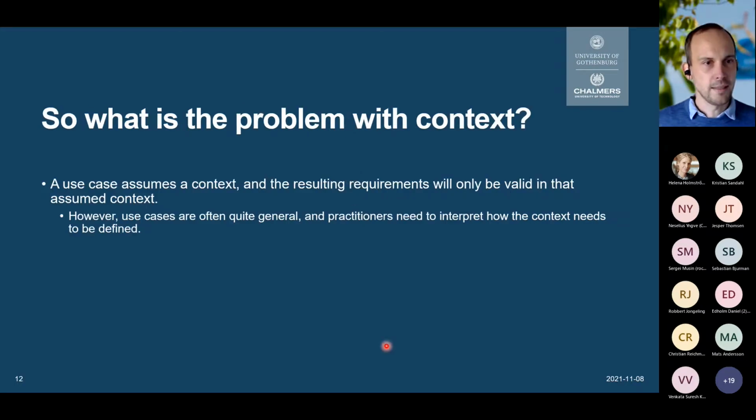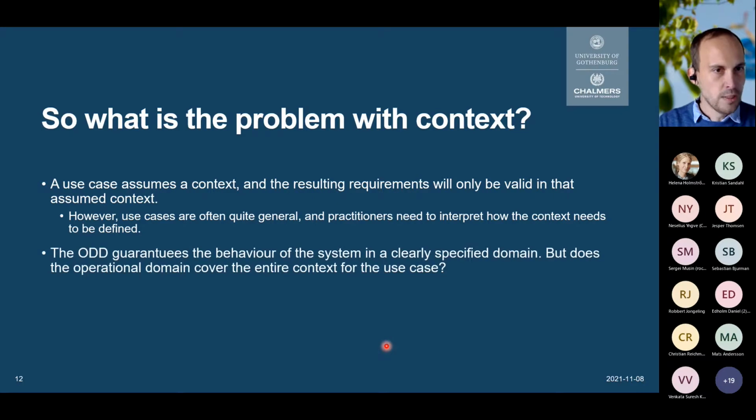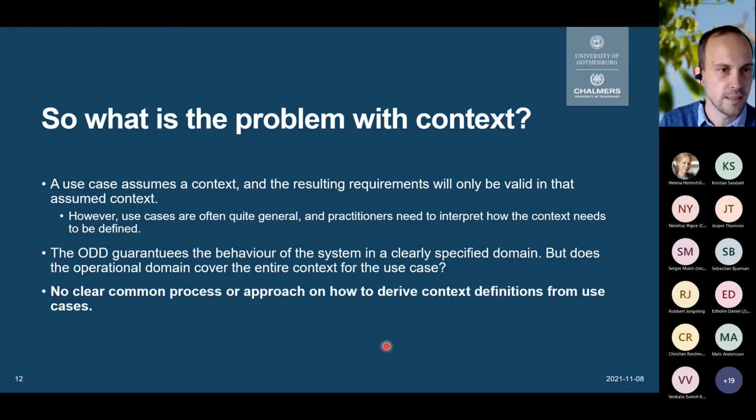So a use case assumes a context, and the resulting requirements will only be valid in that assumed context. However, use cases are often quite general, and practitioners need to interpret how the context needs to be defined. The ODD guarantees the behavior of the system in a clearly specified domain, but does the operational domain cover the entire context of the use case?